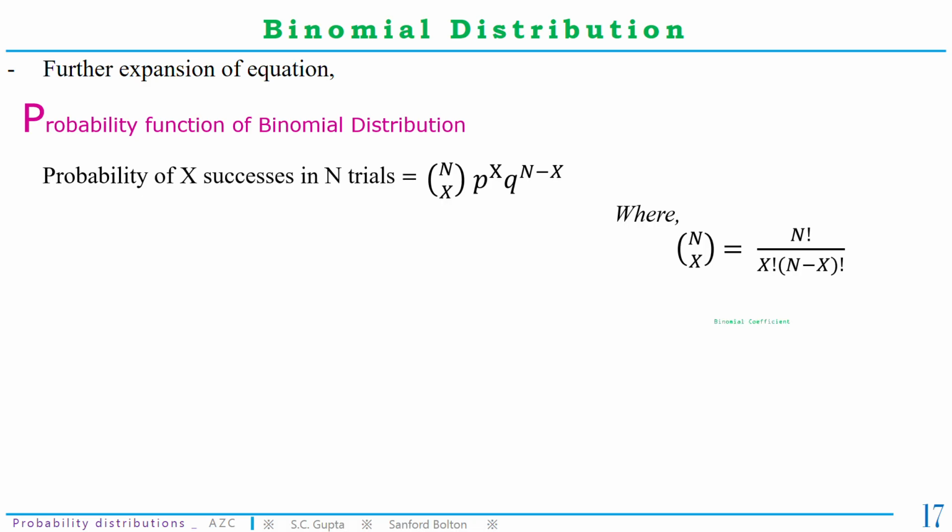N choose x is recognized as the binomial coefficient. In some reference sources, you may find this type of equation for the probability function of the binomial distribution.